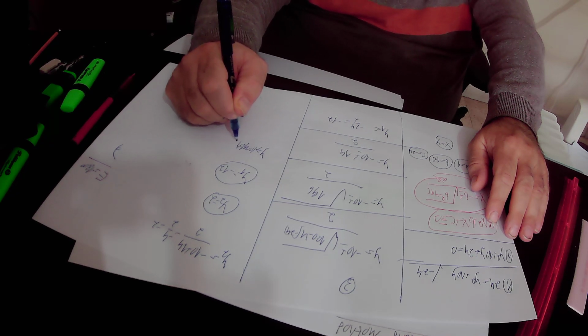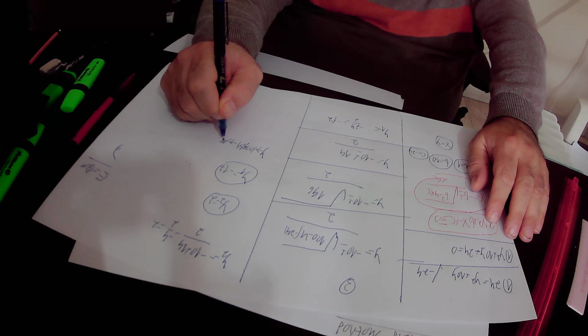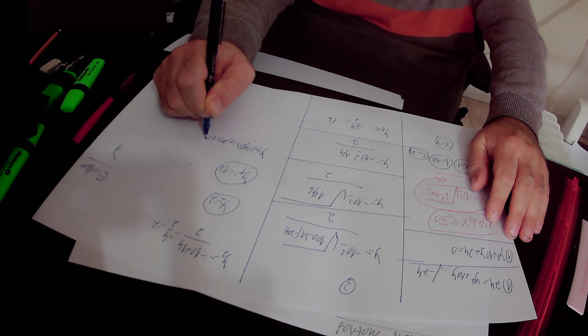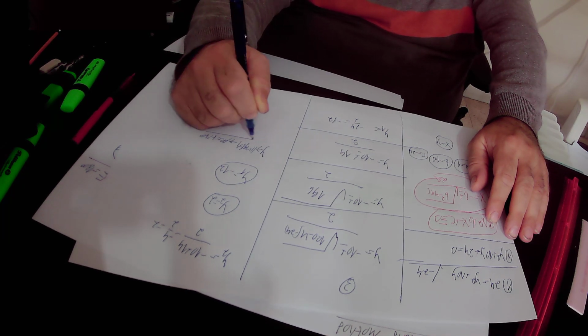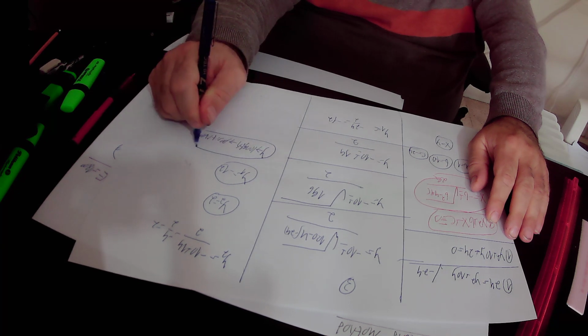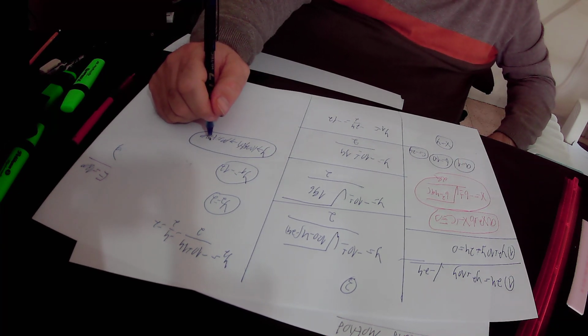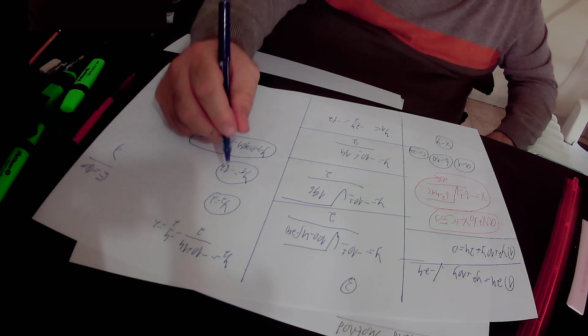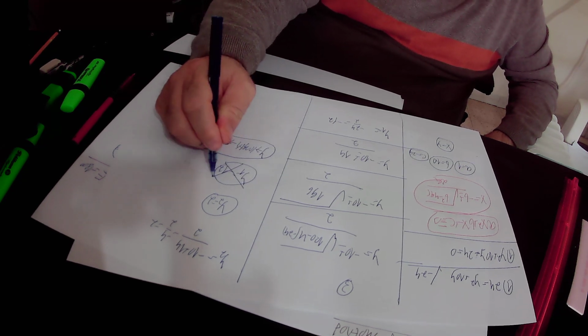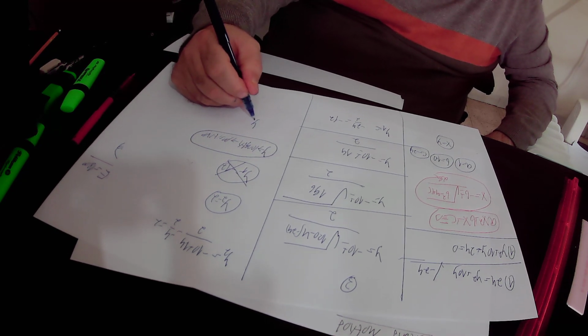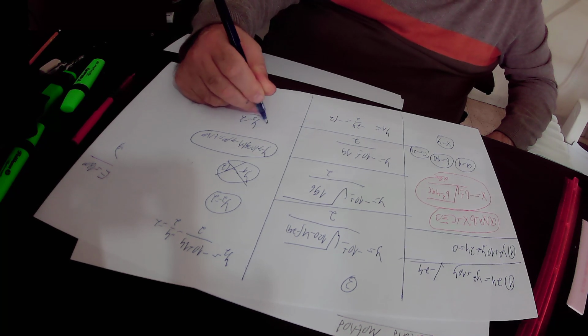Therefore it must be a positive number. So the solution y1 equals minus 12 is incorrect because y must be positive. So we cancel the solution. We are left only with the solution y2 equals 2.